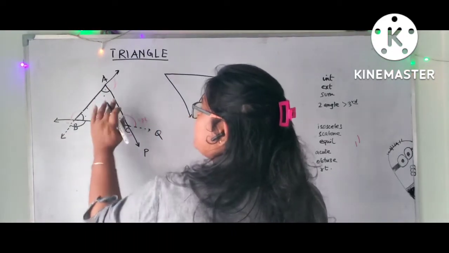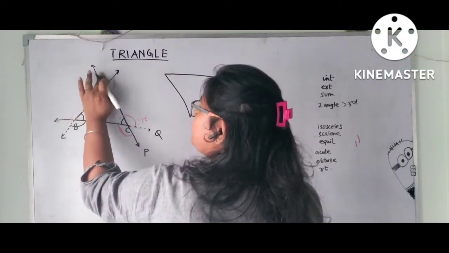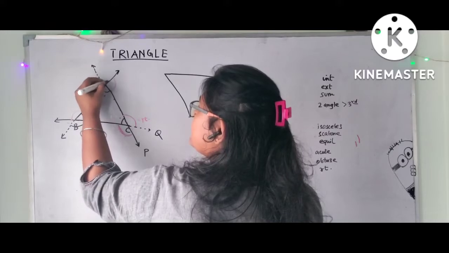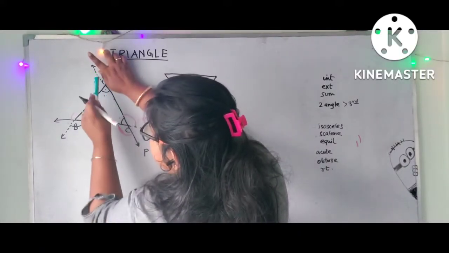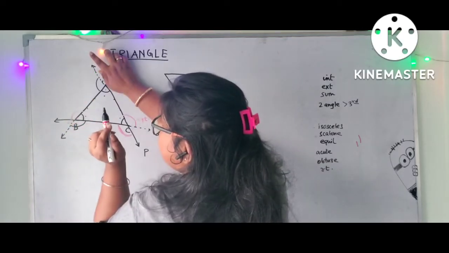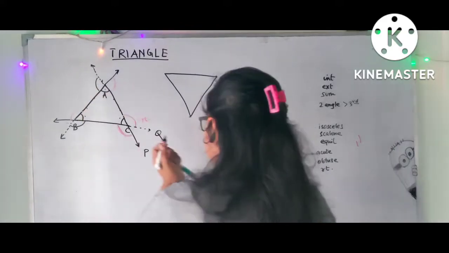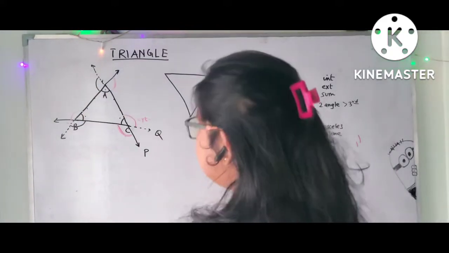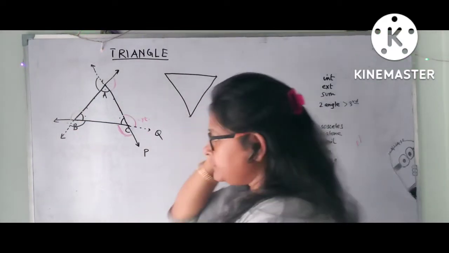Similarly in this case, this is one exterior angle, and if this line gets protruded in this way, this is my internal, so this will be my exterior angle or external angle. So this is how I can say there are different exterior angles of a triangle.